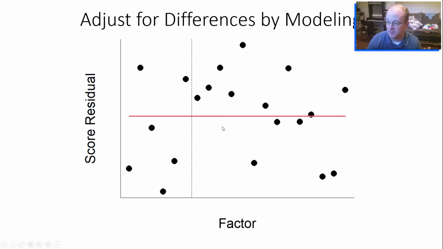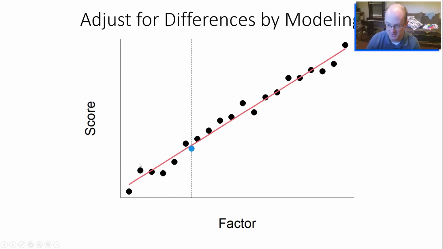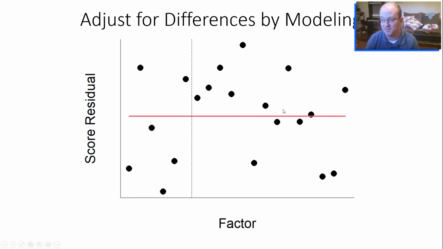And then we can look at what's called a residual. Each of these heights, rather than being the original score, is just the score minus the value of the model at that given value of the factor. So it's just taking these distances between the center of the black circles and the red line. That's what's known as a residual.